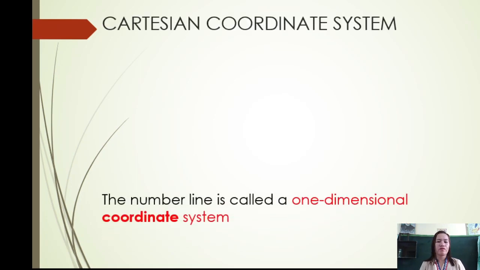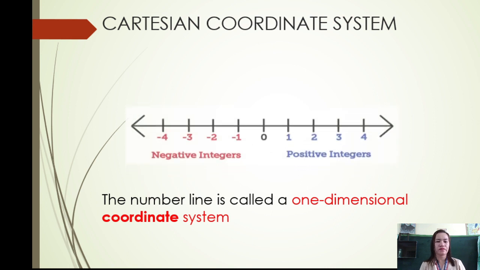Let's first go back to the concept of number line. When we say number line, it is called a one-dimensional coordinate system. And when we say coordinate, it is referring to the location. Therefore, a number line has only one location.